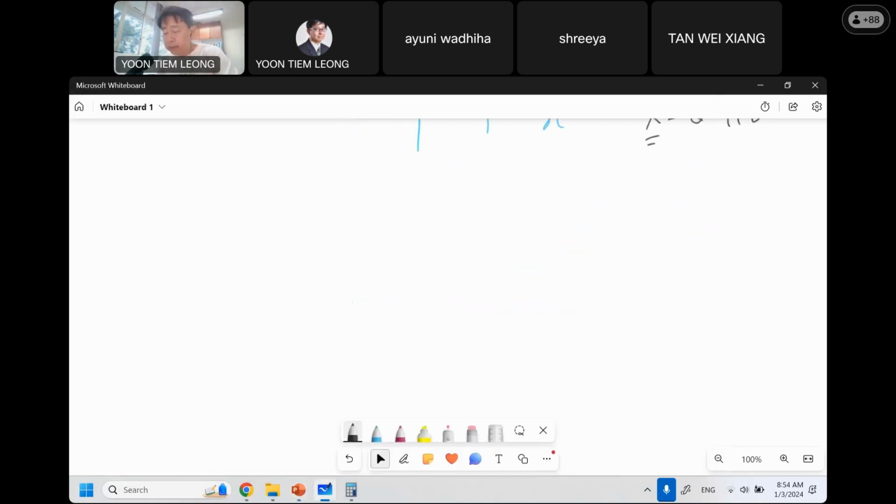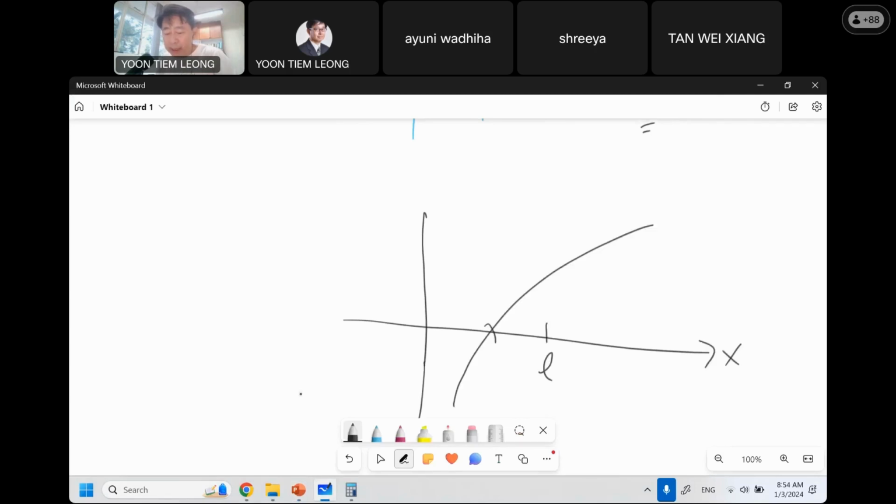The number e is a specific value on the natural log. When x equals e, the value of the natural log is exactly equal to 1. So this point is given by the statement that the natural log at the point where x equals e is exactly equal to 1.